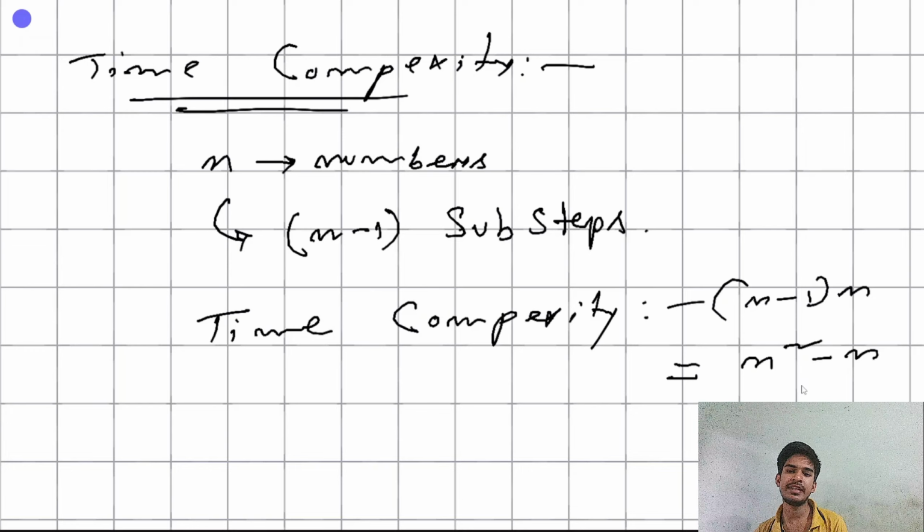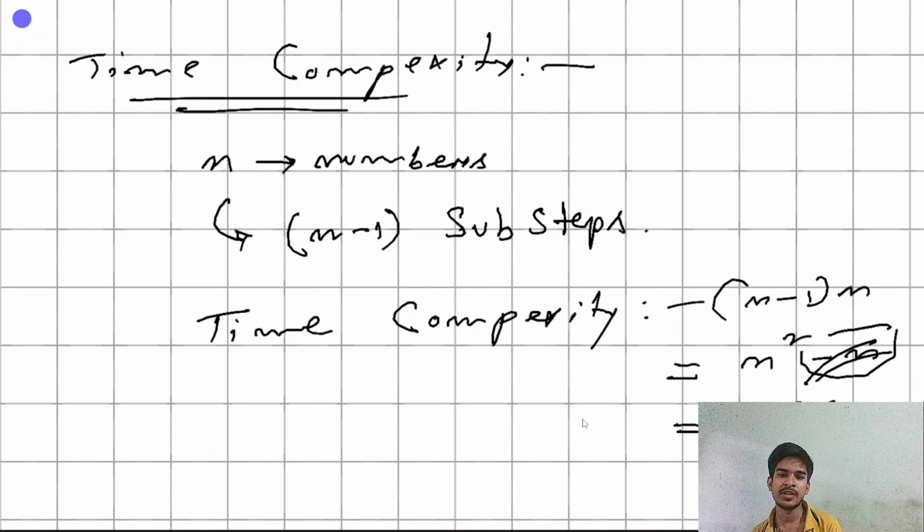So in the time complexity we remove the lower, less important values, the constants. This is not significant for us. The significant part for us is this n square.